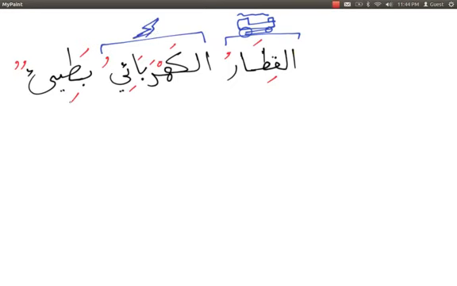And the word بطيء means slow. So this sentence translates to the electric train is slow. القطار الكهربائي بطيء. The electric train is slow.